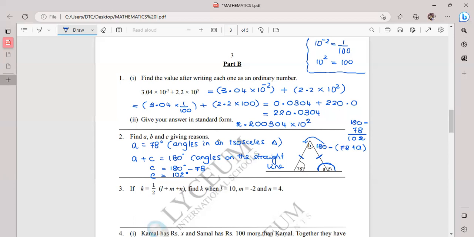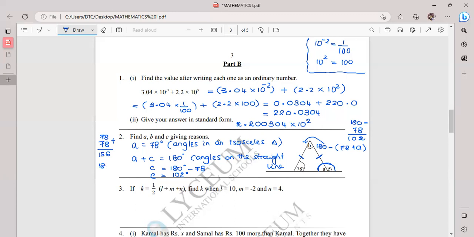So how do you do this? The 78 and 78: 8 plus 8 is 16. One is remaining, 7 plus 7 is 14, and this is 156.